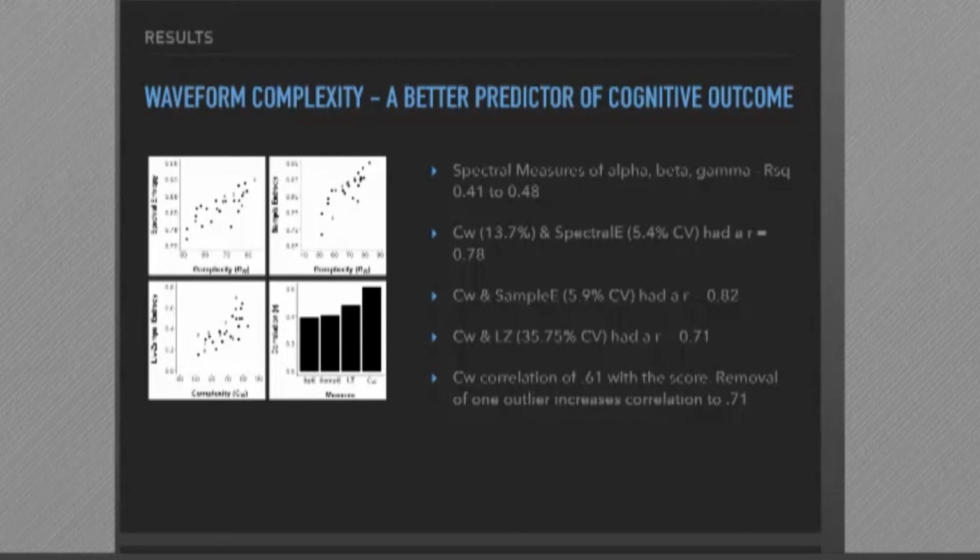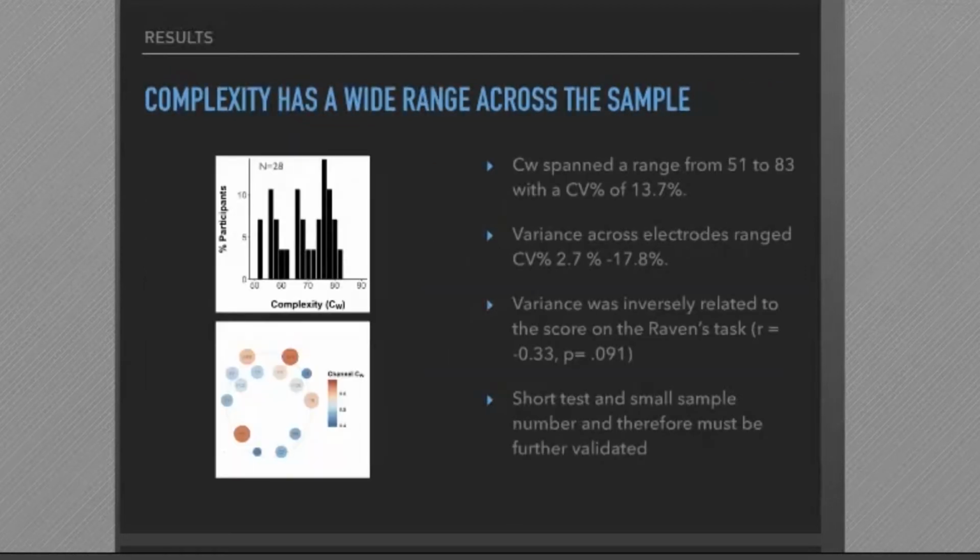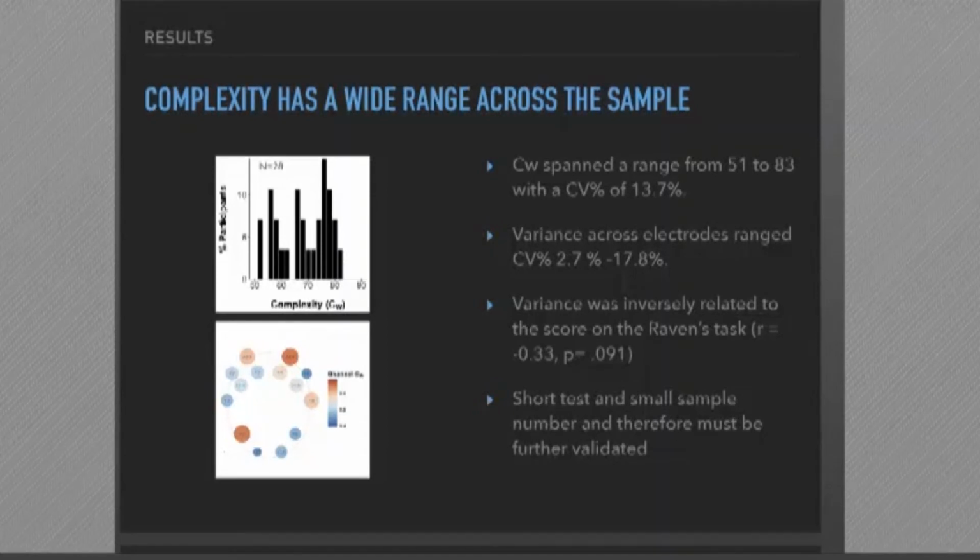One reason which might be responsible for this is that the variance we had in the waveform complexity was higher compared to the spectral entropy and sample entropy. So we got a wide range of values in the 28 participants from 51 to 83. And that equates to a coefficient of variance of around 13.7%.